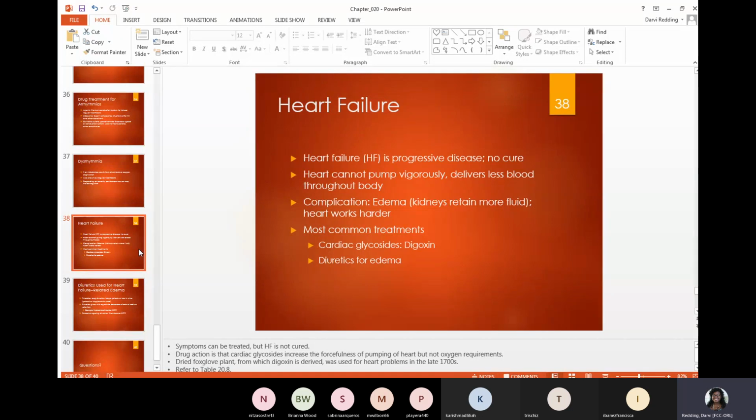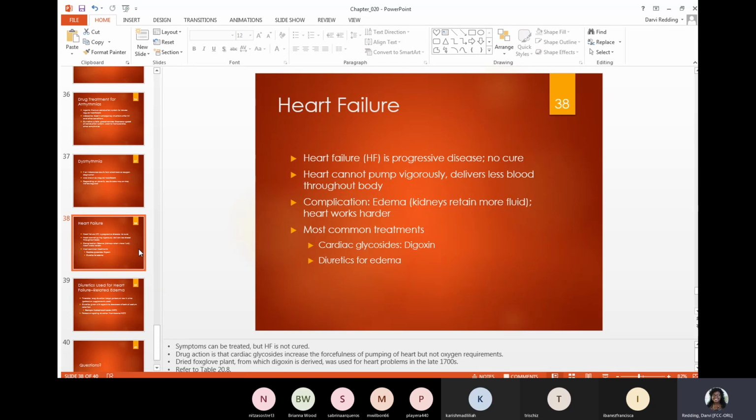So if the kidneys retain more fluid, and that's going to cause swelling, they might be given a diuretic, which is going to have them release the fluid so that it's not building up and being retained.